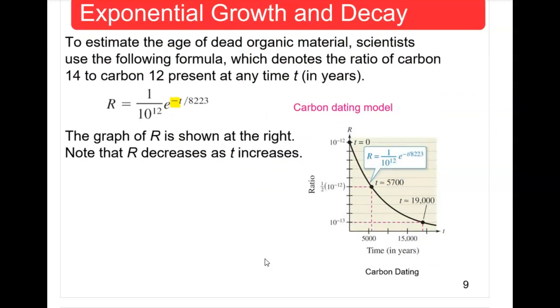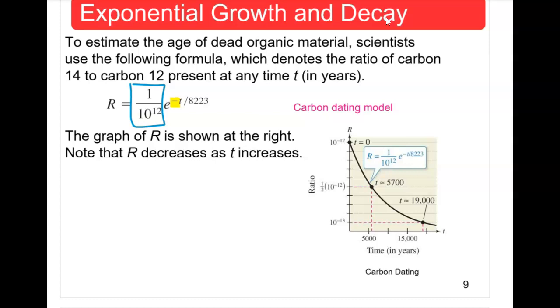So now we're going to go to our problem, and it says, to estimate the age of dead organic material, scientists use the following formula, which denotes the ratio of carbon-14 to carbon-12 present at any time t in years. You could see that same ratio that we discussed earlier is there as well.